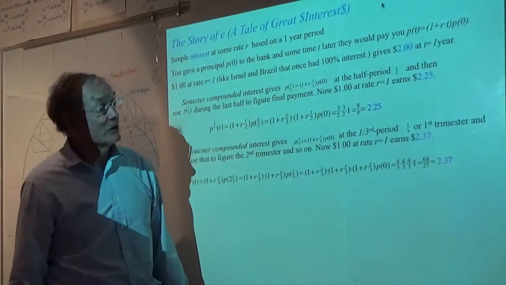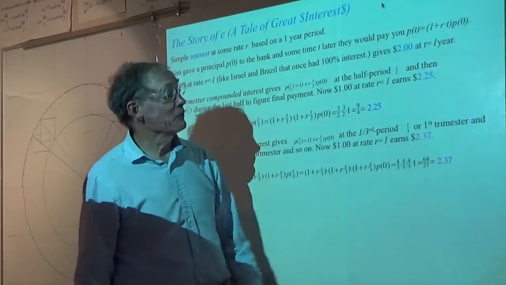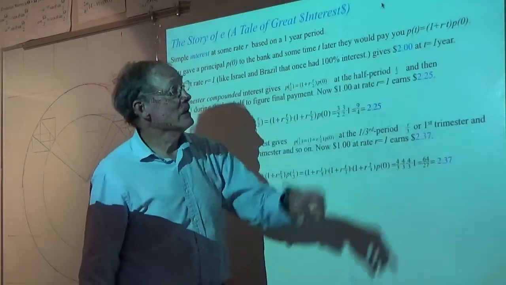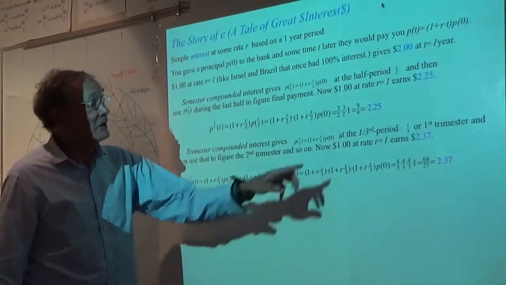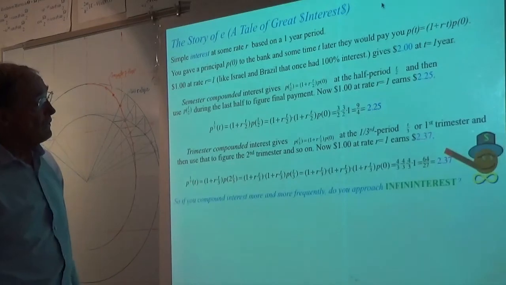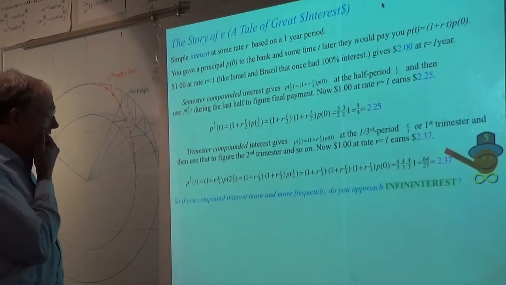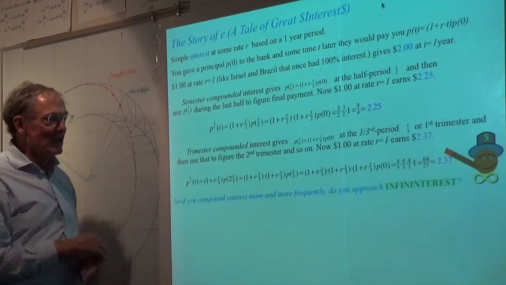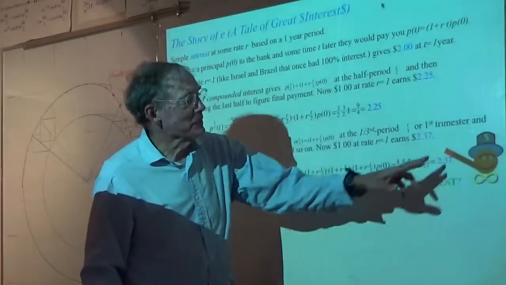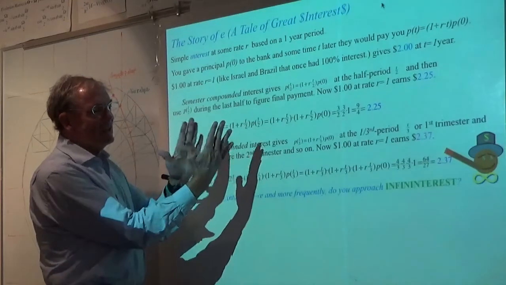Okay, 64/27. That's $2.37. So again, we pick up a good deal more than we would have gotten with the simple interest, and a little bit more than the quarterly. So the idea is that after you look at this, you might say, oh my gosh, I could really make a lot of money if I could convince the banker to charge the interest infinite.